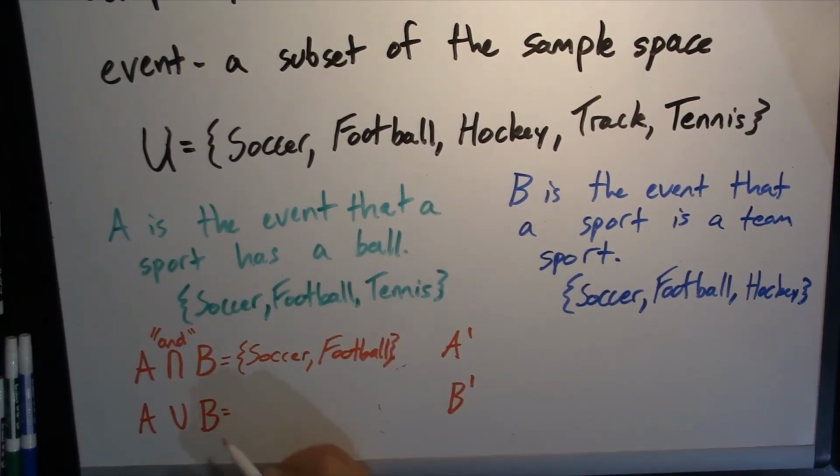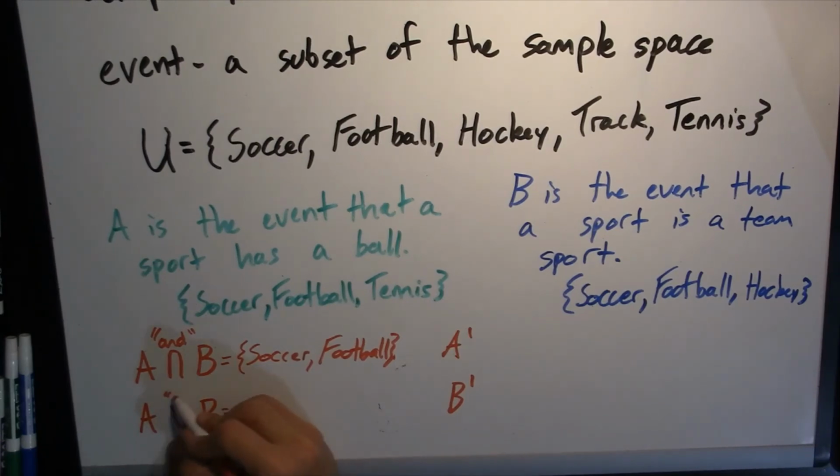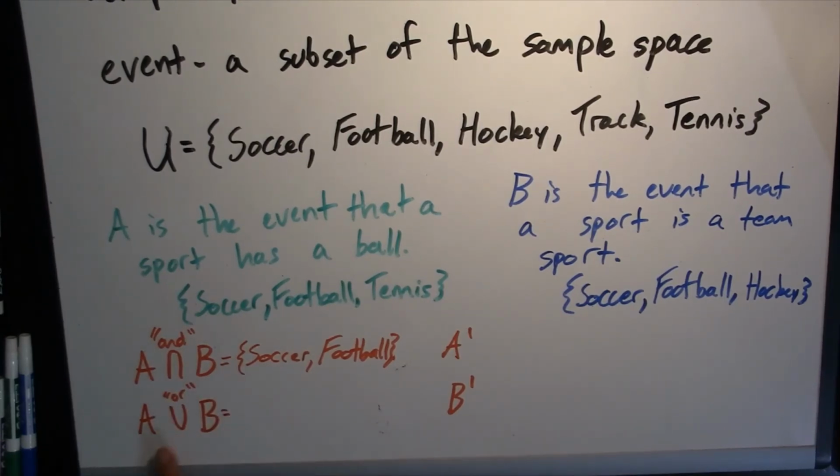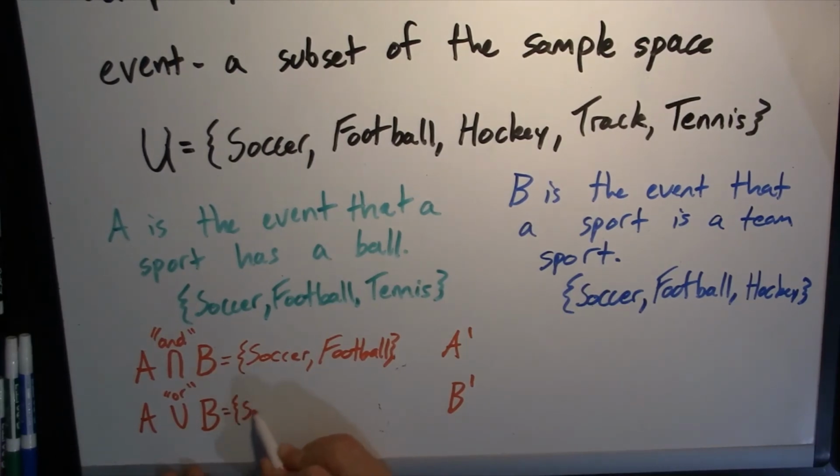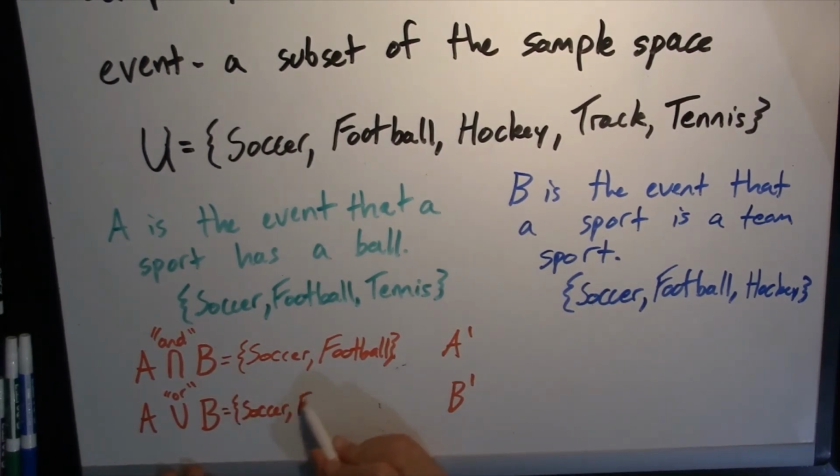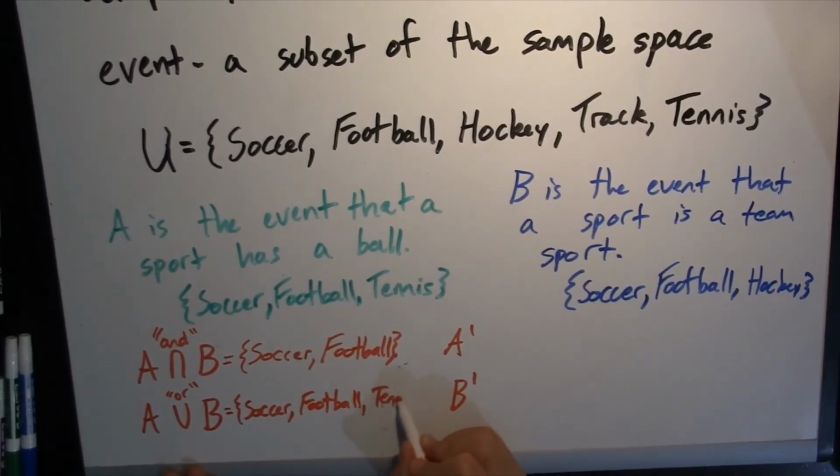Okay. Union means or. So elements that are in A or B. So in other words, anything that shows up in either one goes into the set. So that's going to be soccer, football, tennis.